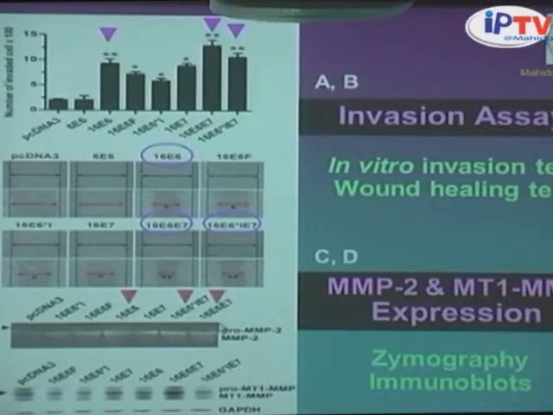As you can see, they also confirm that the virus oncoproteins in the combination form show higher MMP2 activity. When you look at MT1 expression by Western blot, again, the combination form of the virus shows better expression of this enzyme.